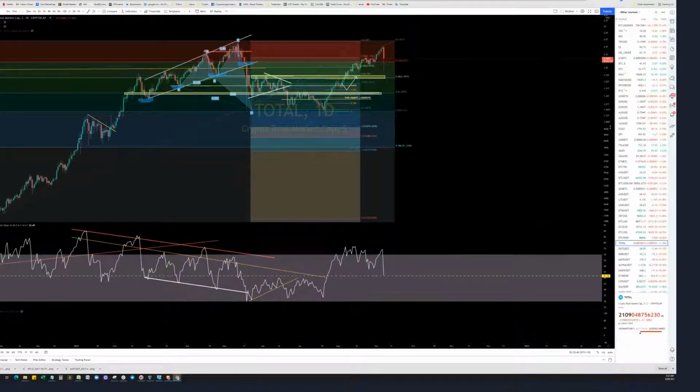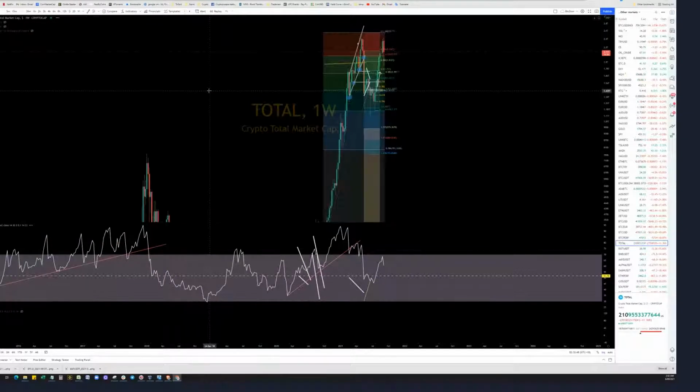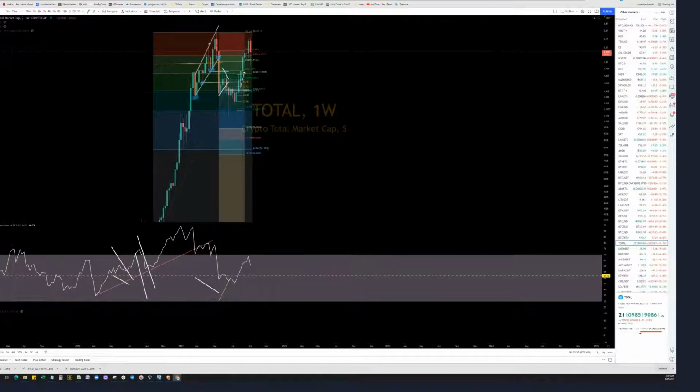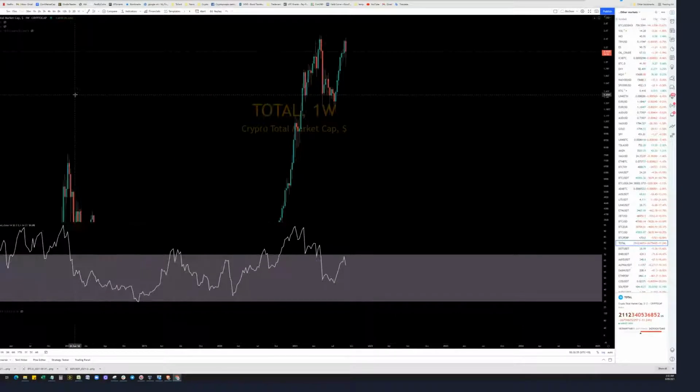That looks like a double top. So if I put this on the weekly and hide everything, that looks close to pretty much a double top. Yeah, that's why we've got a bit of a rejection as well for the alts.